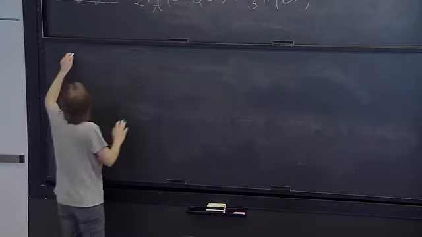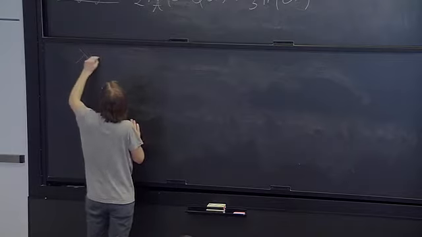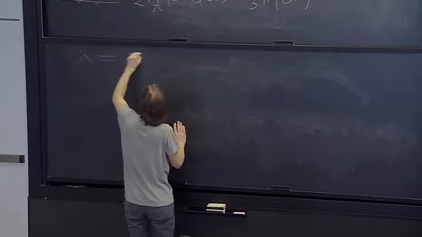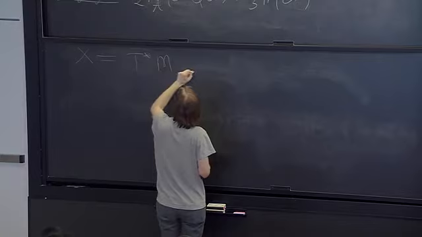Okay, so the next example, suppose we take X to be the cotangent bundle of M, and we do the A model.